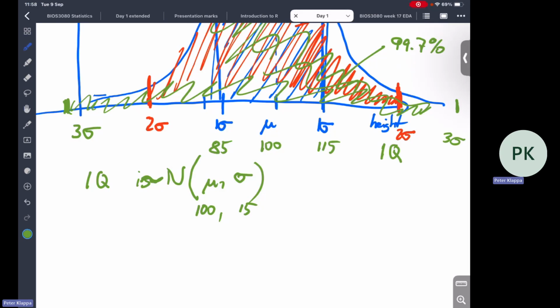So I was recently asked, what is your IQ? And I said, I have absolutely no idea, but I assume it is between 70 and 130.